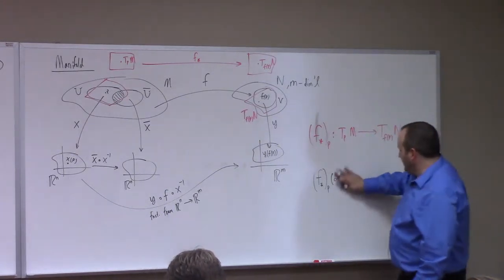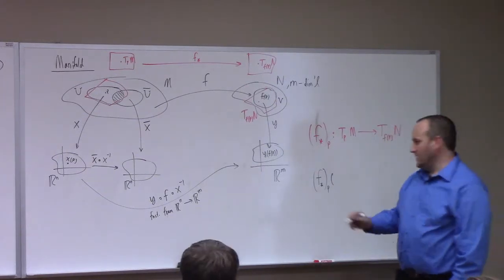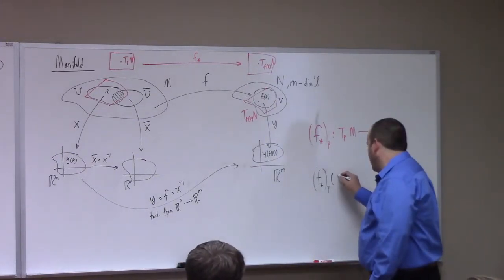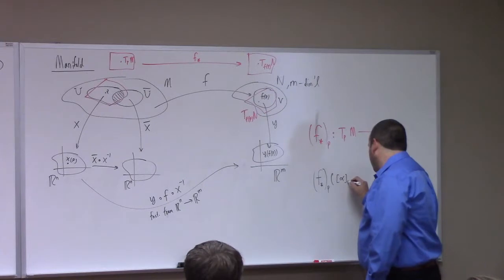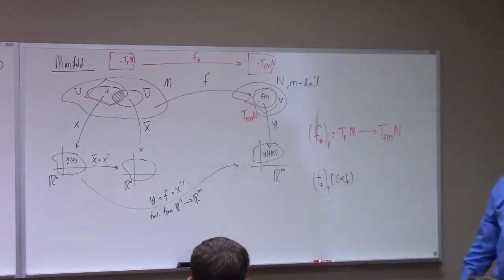Oh, you know what? I agree with you, Kang. That notation is horrible. Let's do what it is. Equivalence class at P. That's what it is. He's like, I'm not owning that.